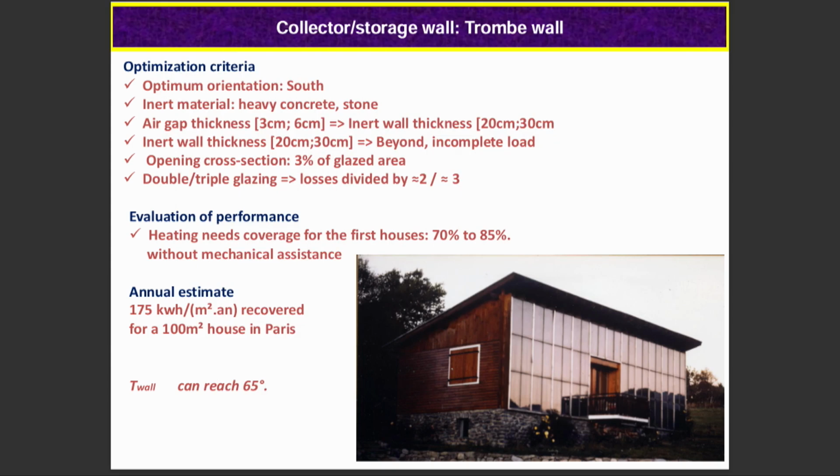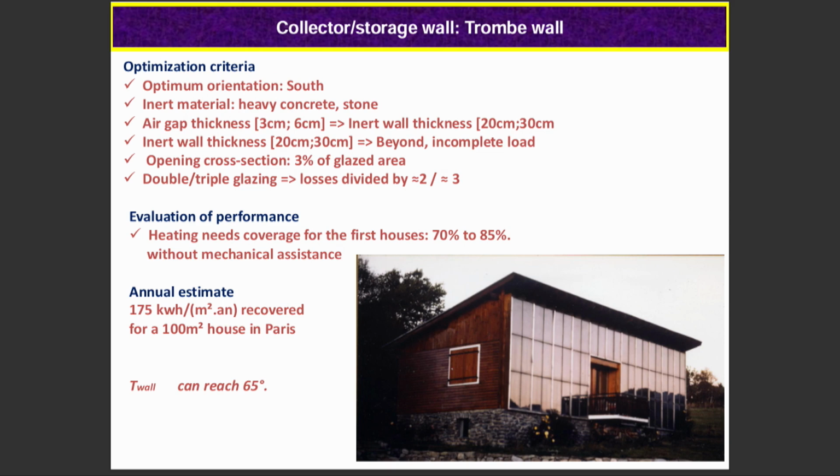So this is the house. So you see how it looks like. Just add some windows on the house. The optimum, and you see the shading also. The shading at the top for the summertime, when the sun is very high in the sky.